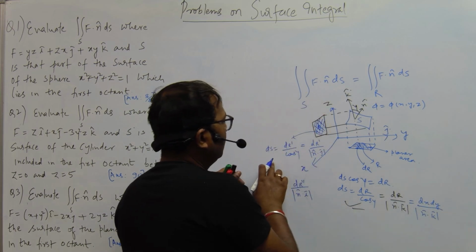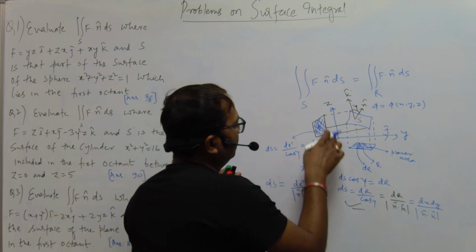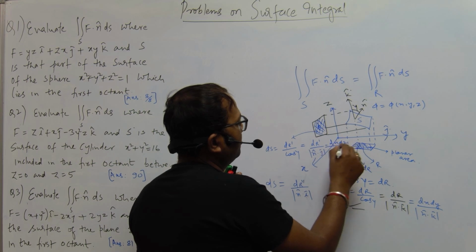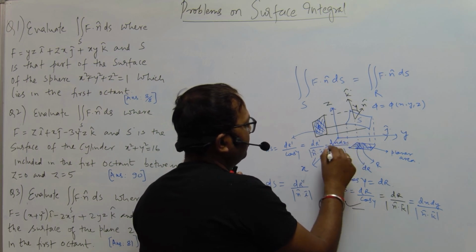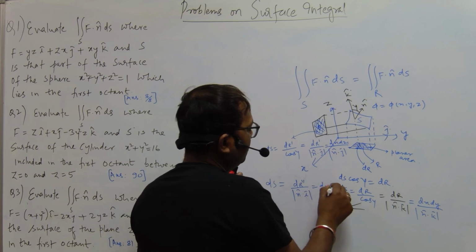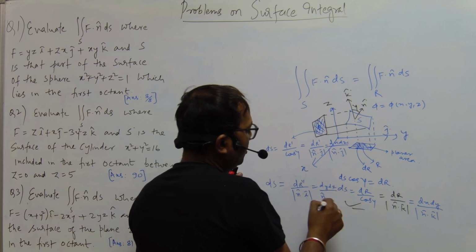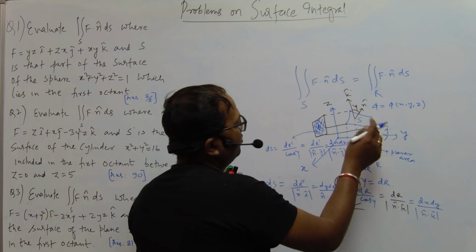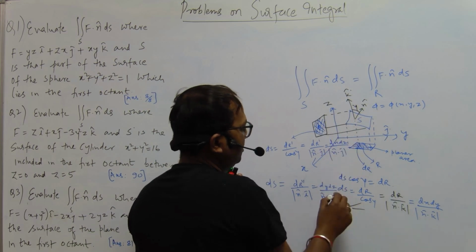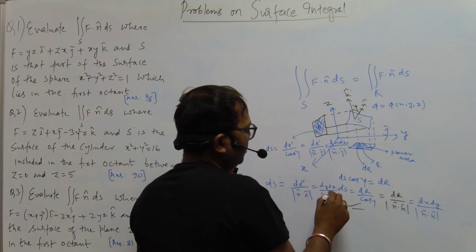Similarly, when the projection is on the xz plane, this is equal to dx dz upon n cap dot j cap. Similarly, on the yz plane, this is dy dz upon the dot product of n cap with the unit vector perpendicular to the yz plane, which is i cap.